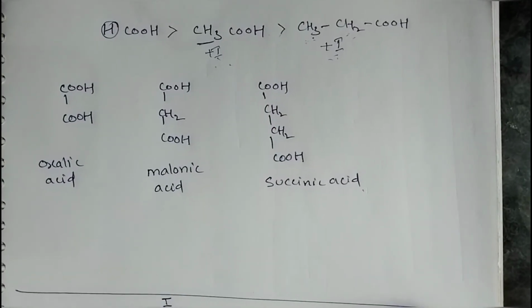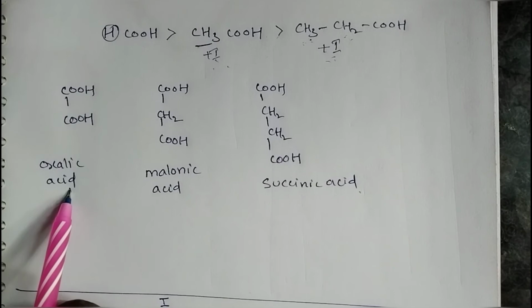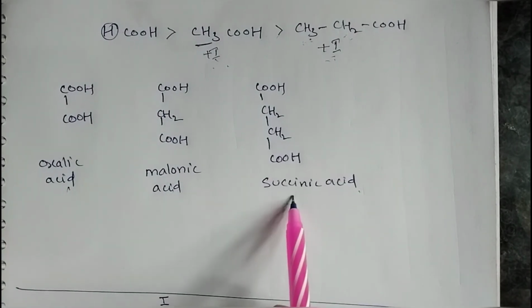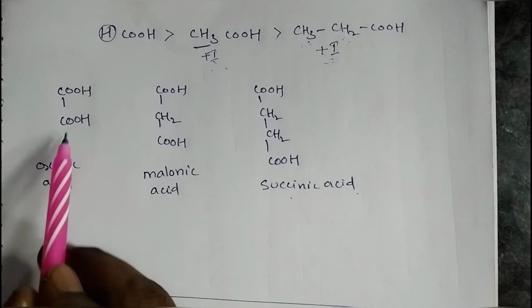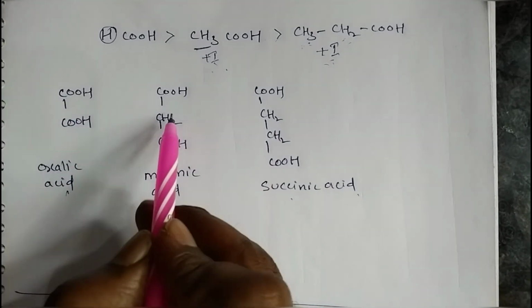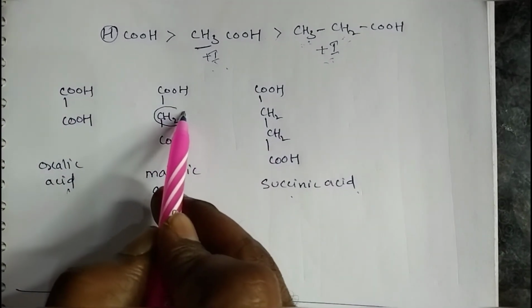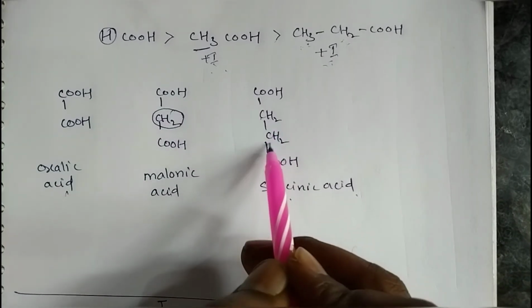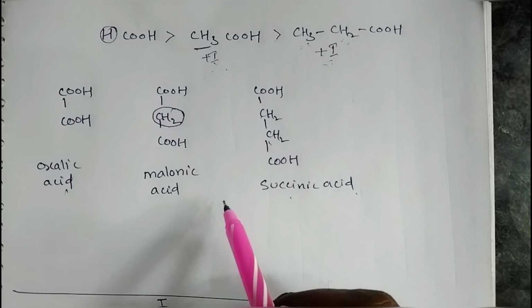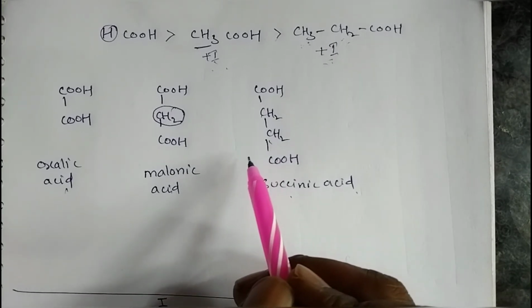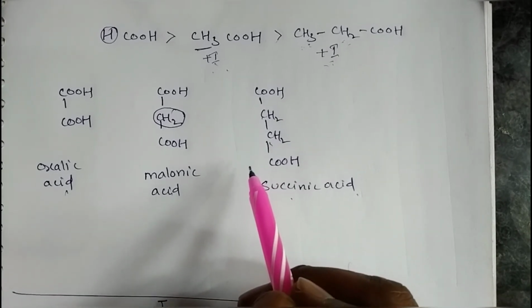In this example, oxalic acid, malonic acid, succinic acid. If you observe carefully, here one methyl group is present and here two methyl groups are there. Methyl group decreases the acidic strength, so the more methyl groups, the less acidic the character.